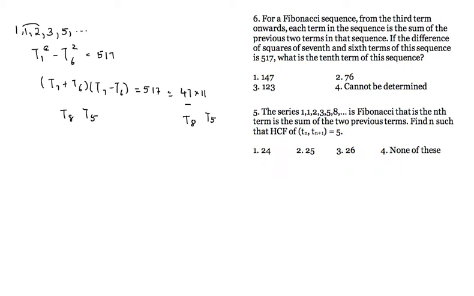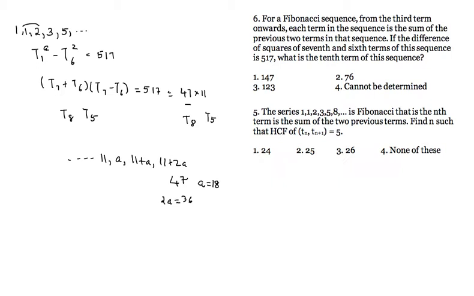So your series will look like this. Some terms A, B, C, D, whatever. And then the 5th term, 11. The 6th term is going to be, let's say, A. So the 7th term is going to be 11 plus A. And the 8th term, which should be 11 plus 2A, is actually 47. So from here we can find out that 2A is nothing but 36 and A is equal to 18.